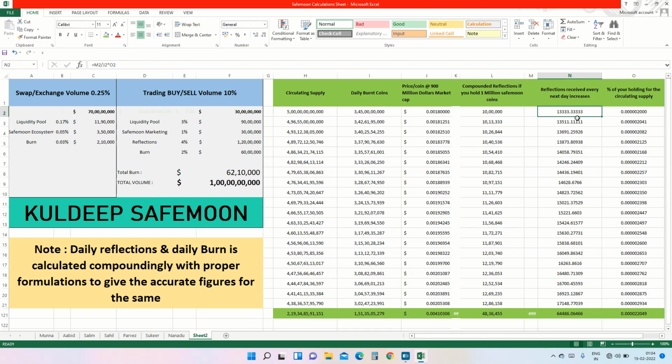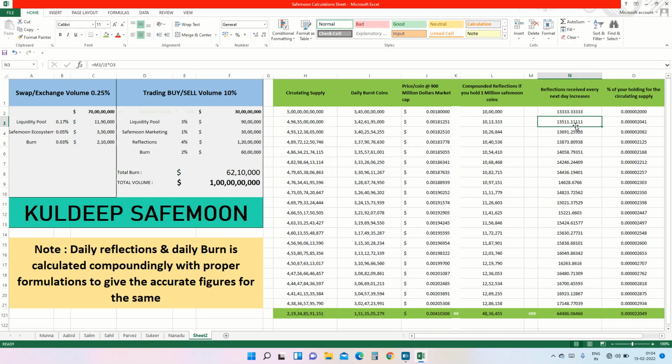Reflections every day. See, the first day reflections we had 13333. Next day, due to the compounding effect, keep this in mind, every day the number of tokens you earn through reflections increases the percentage of your holding in the circulating supply.